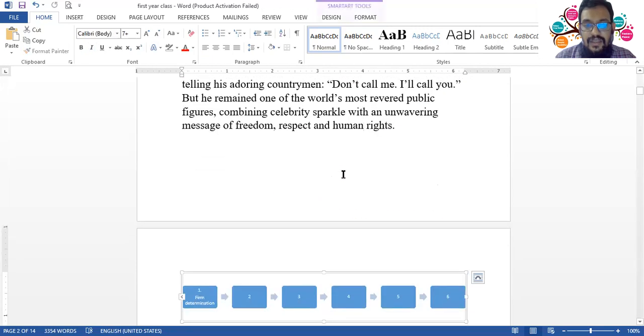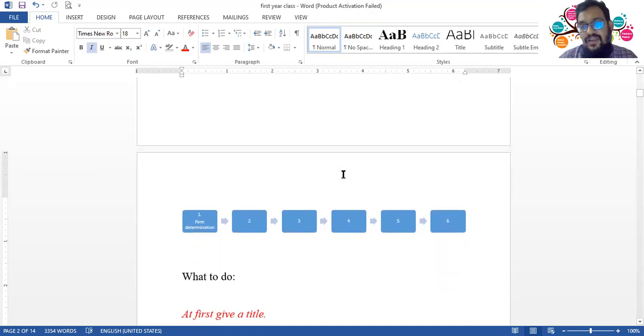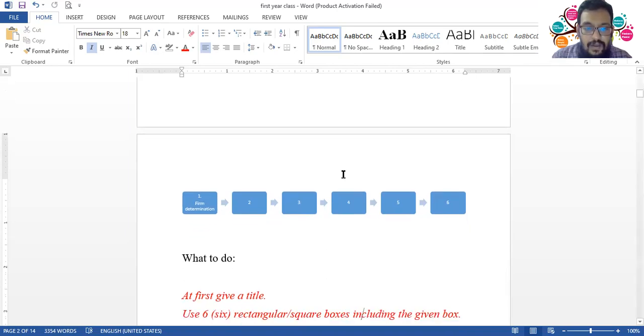In the question, this model's boxes are horizontal. You can also go vertically, one after one, then down another one, from top to bottom. And you can go side by side. This is horizontal.